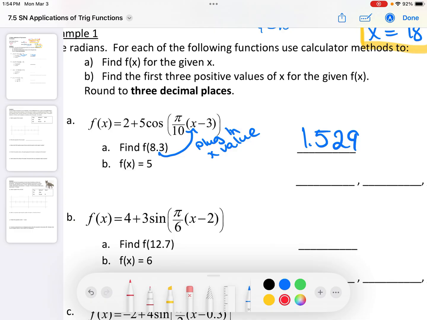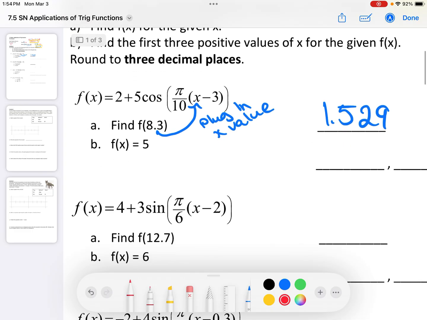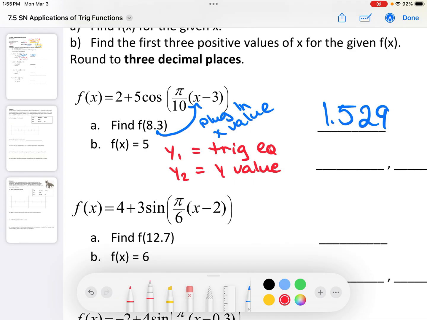Now, to find the x values, we have to do something a little bit different. We want to go to the calculator, y equals screen, and in y1, we're going to type the trig equation we were given. y2 is going to equal the y value that we were given. In this case, this y value we were given is 5.